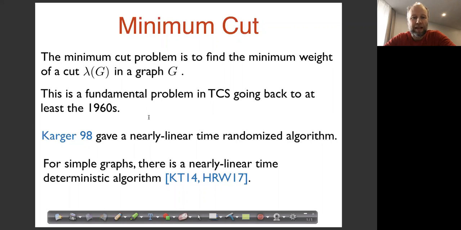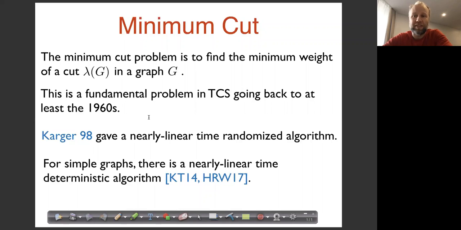Its study goes back at least to the 1960s. The first polynomial time algorithm for this problem was given in 1961 by Gomory and Hu, and there's been a lot of work on the minimum cut problem since then.